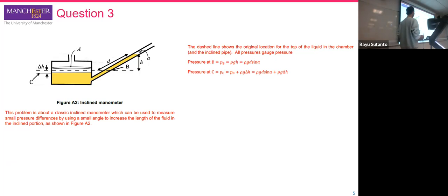So the pressure P, this is the location of P, will be equal to rho g h, where h is, okay, the gauge pressure at B. And we change the h in relation to l, so we can say that h is equal to l multiplied by sine alpha.